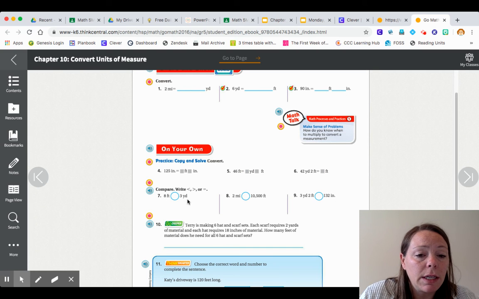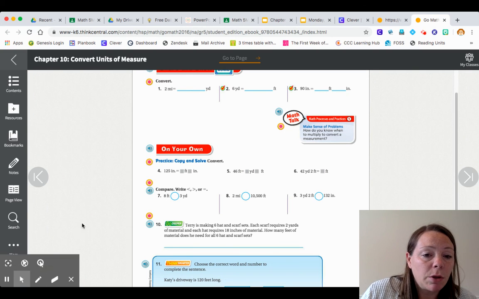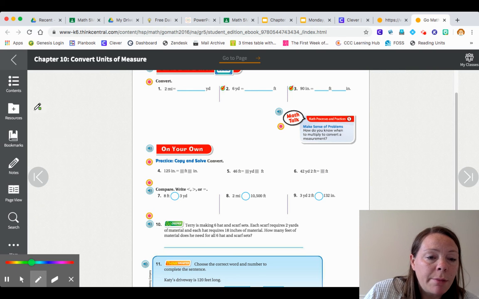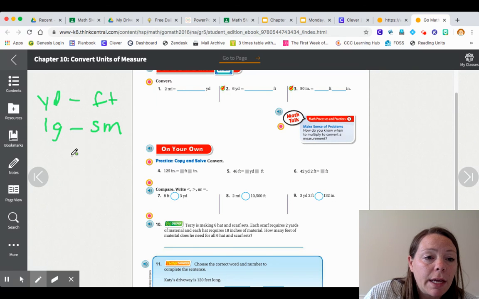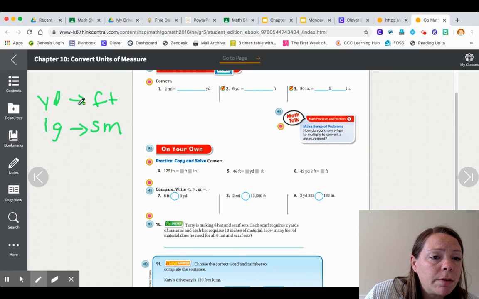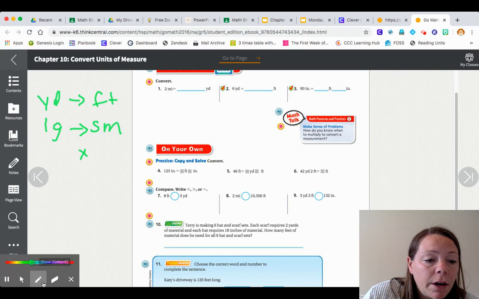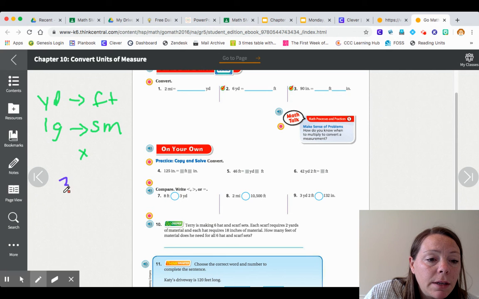So the first thing I'm going to think is, am I going from smaller to larger or larger to smaller? I'm going from yards to feet, which means I'm going from larger to smaller, so I'm going to multiply. I want to know how many feet are in 3 yards. I know that there are 3 feet in 1 yard, so I'm going to multiply that by 3.